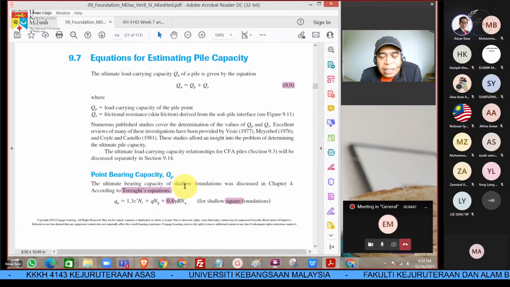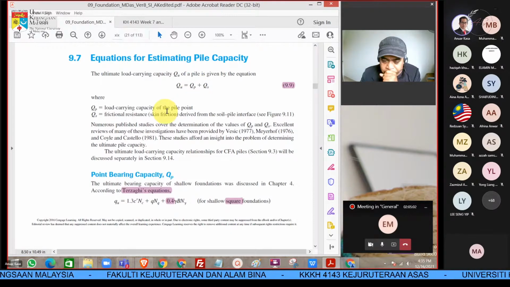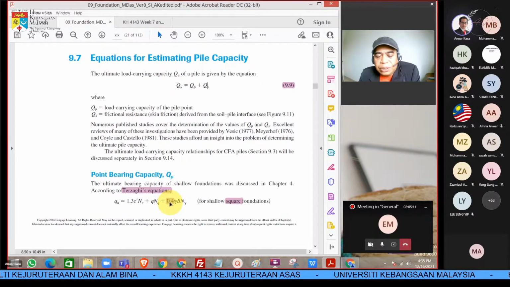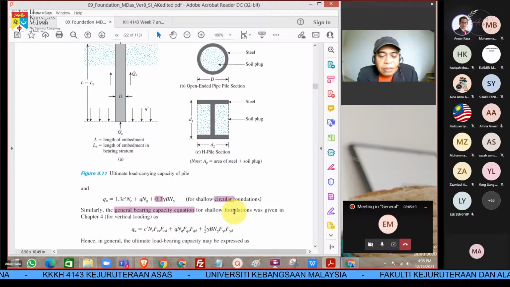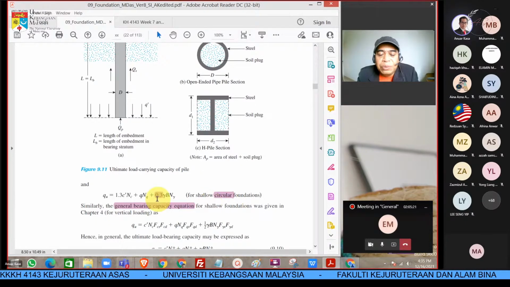If you still remember, for shallow foundation, we use it for square foundation. We are talking now at the tip only, not the skin here. The tip only, QP. For a square foundation, we can use the exact equation for shallow foundation. And for circular also, we can use the same Terzaghi.